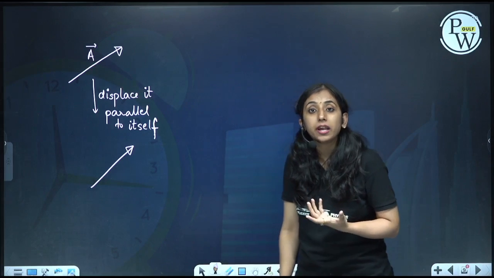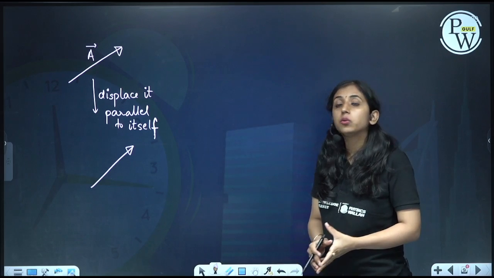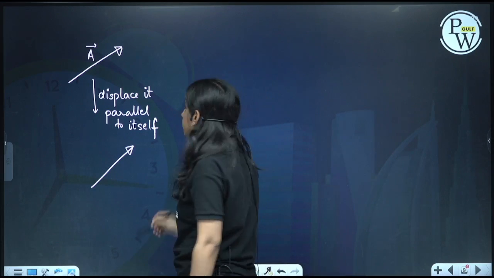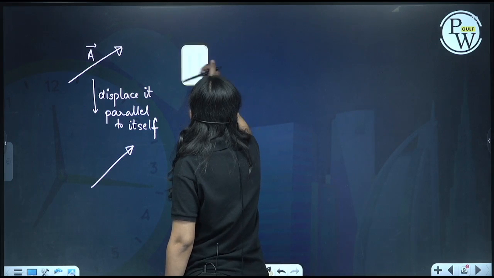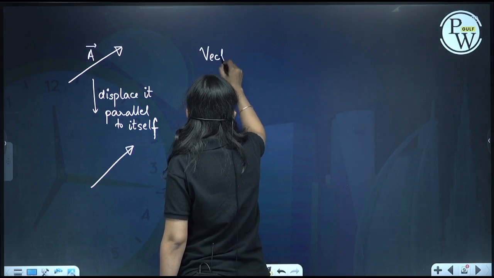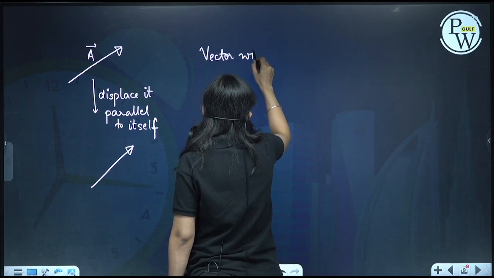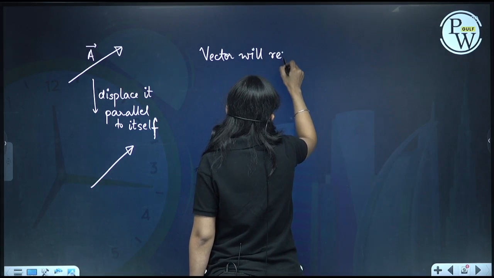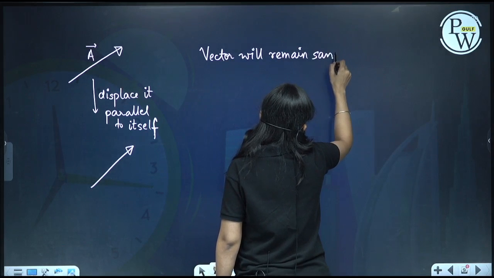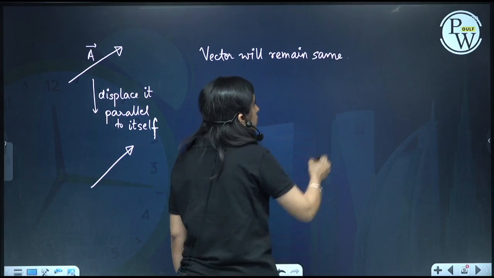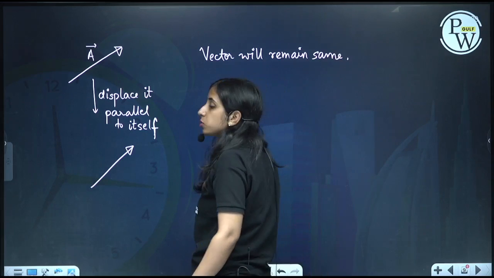When we are displacing, neither the magnitude is changing nor the direction is changing. So the vector will remain the same.